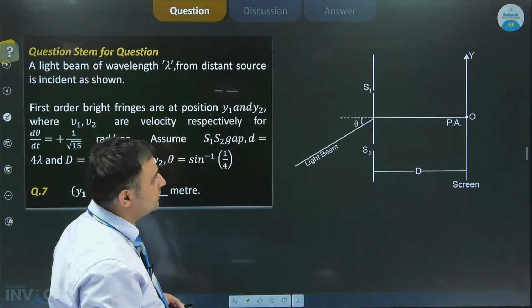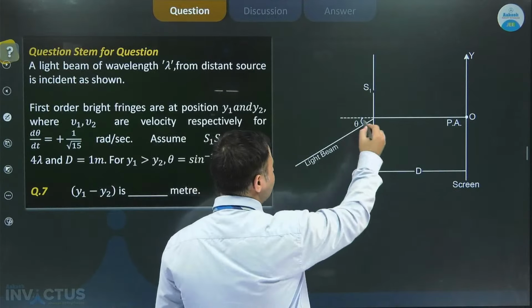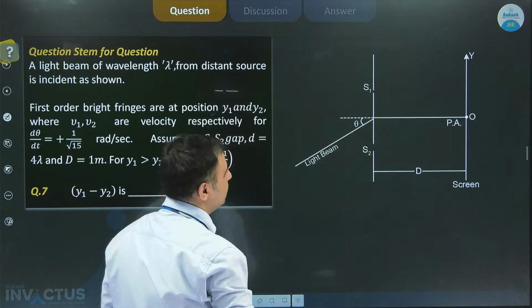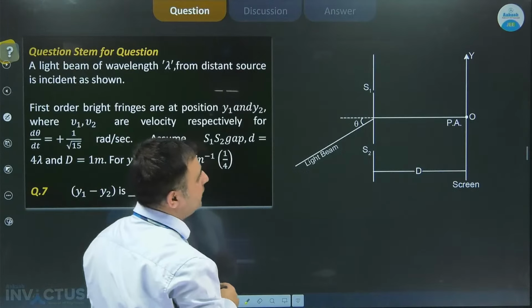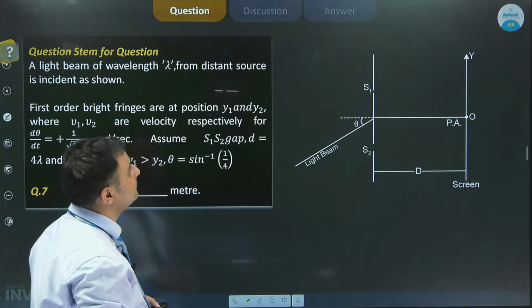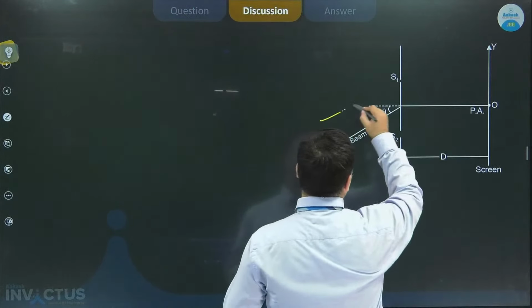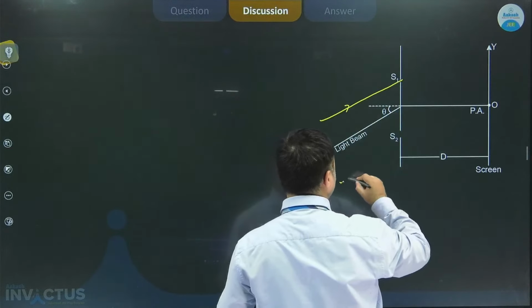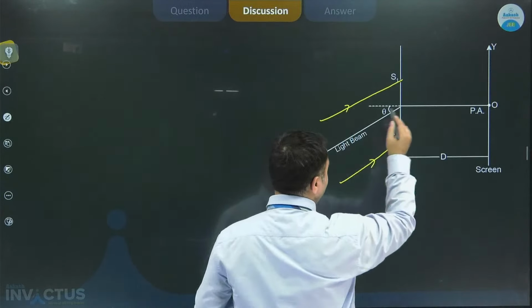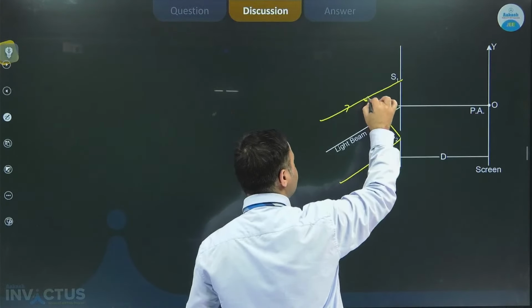Okay, so there is a YDSE setup and the beam is falling on the slits at an angle theta with the reference line. So we have to solve it for the first maxima condition. Now for this let us draw the diagram. So this wave is falling on S1 and S2 at an angle theta with the middle line. So there will be some initial path difference here.